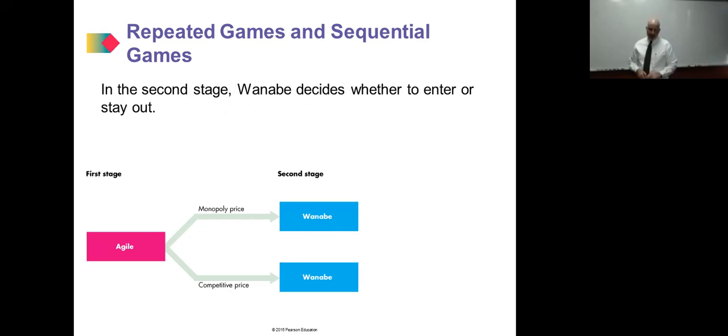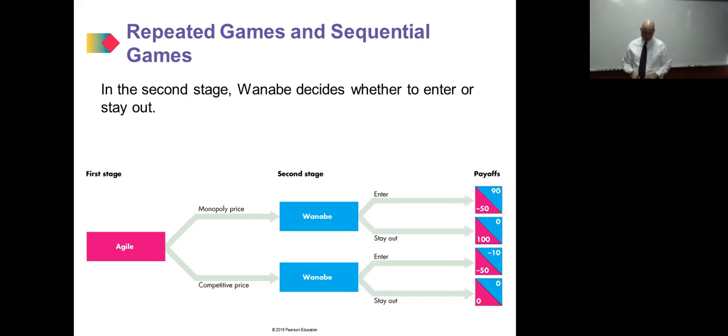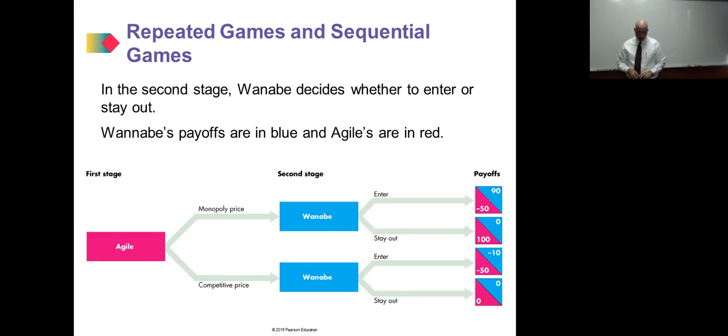Now the second stage, if someone, let's say Wannabe, comes in. Now Wannabe decides whether they want to enter the market or stay out. Now if Agile sets the monopoly price, Wannabe enters the market.